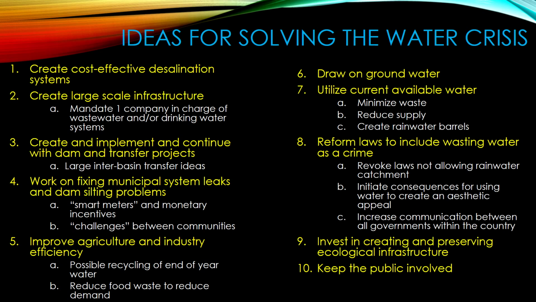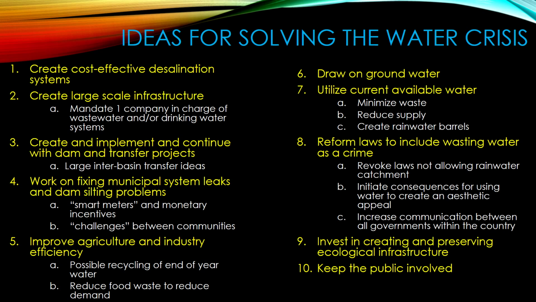Also, they want to create large-scale infrastructure and, like I said earlier, possibly make one entity in charge of all the water allocation in the country. Next, they want to create, implement, and continue dam and transfer projects. So they're going to have to get some money somewhere to build these things to help provide water for everybody. One idea was a large interbasin transfer scheme.